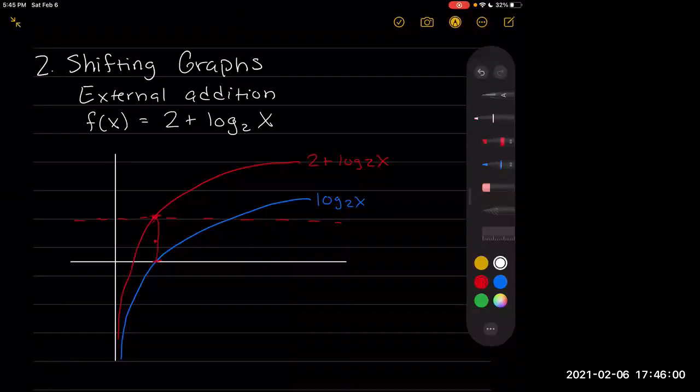All right, and our domain is still 0 to positive infinity, and our range is still all of the real numbers. And now we are going to look at adding internally.